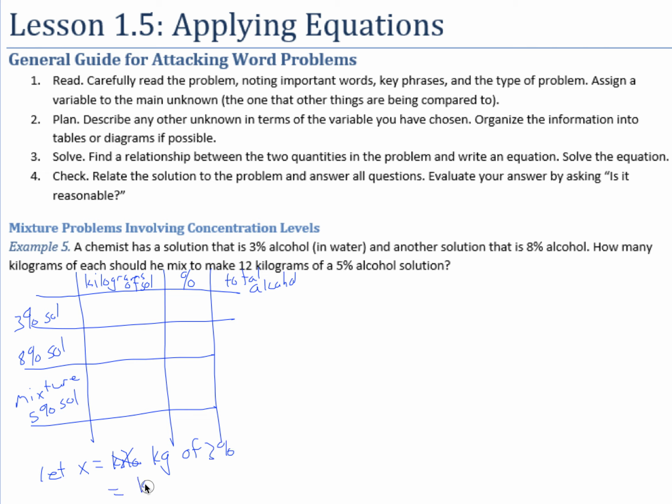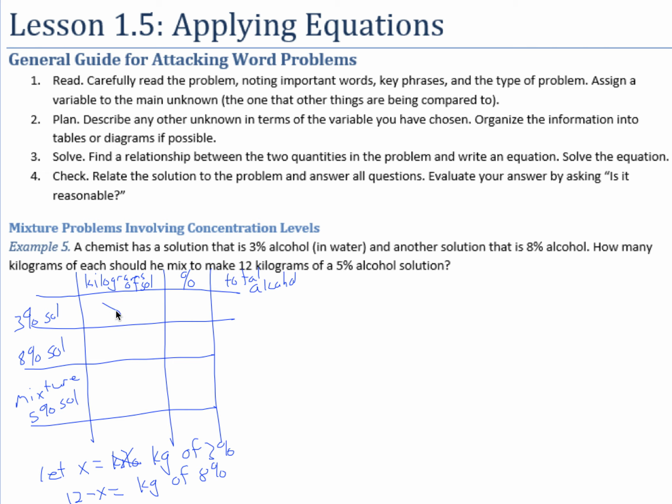And then we want to know, how many kilograms of the 8% solution do we have? In the end, we want 12 kilograms of our 5% solution. So if x of them are at 3%, you can take that away from the total of 12, and that will give you how many are 8%.